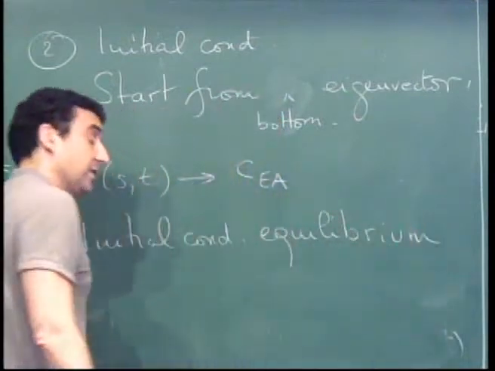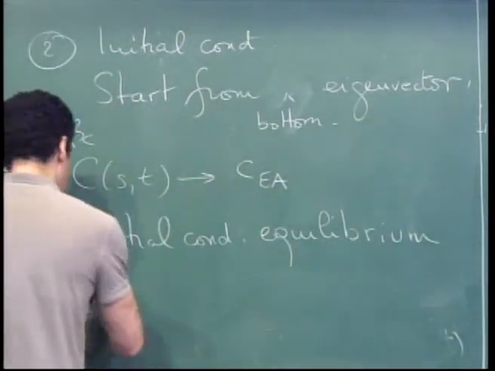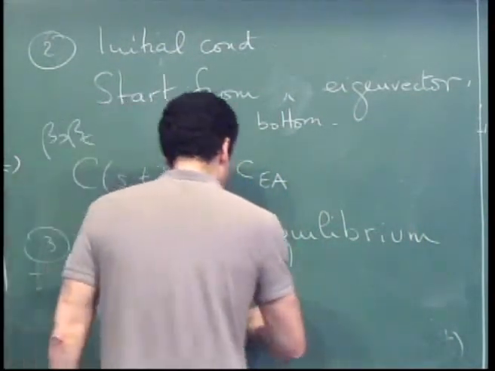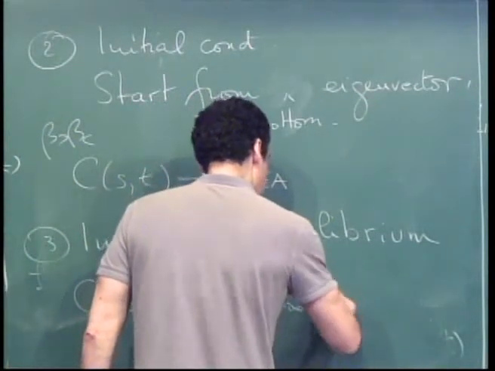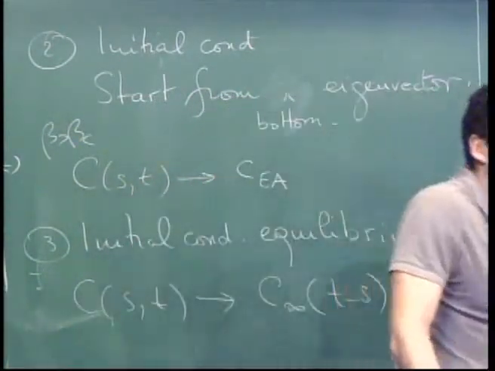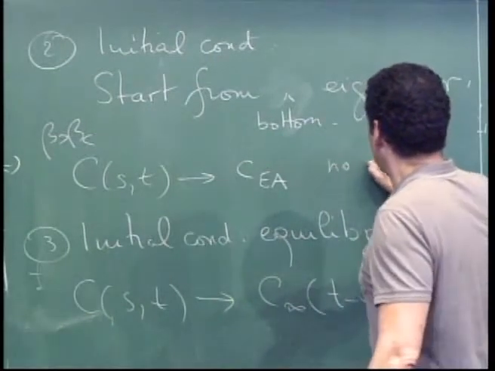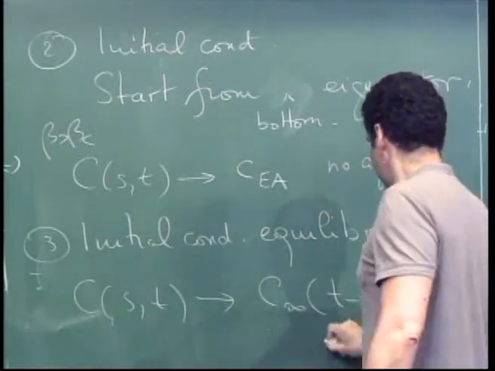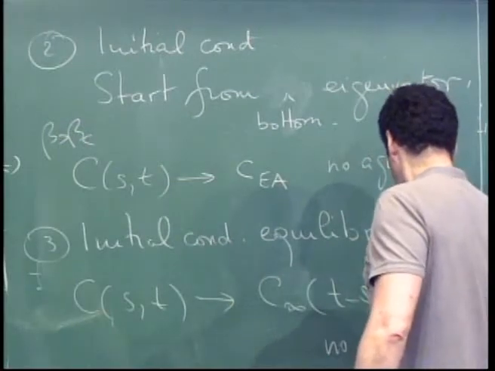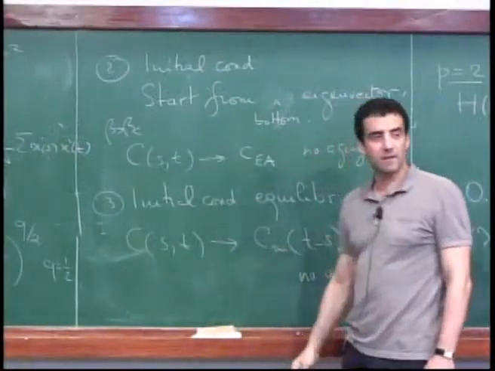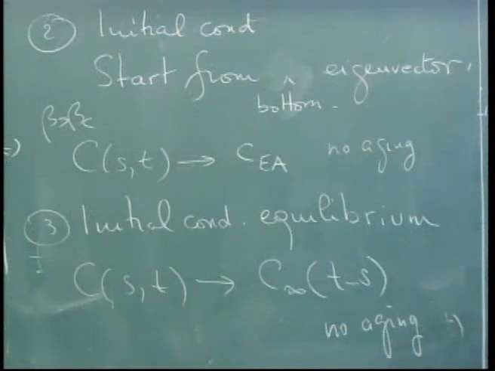If you start at equilibrium, then this C(s,t) converges to a certain function C of t minus s, which is natural. It's equilibrium, so it will be something which depends only on t minus s. So here you have no aging, and here you have no aging too, naturally, because you are at equilibrium.